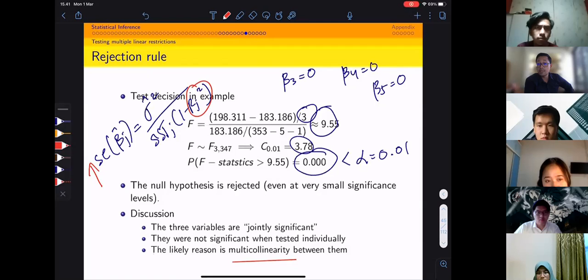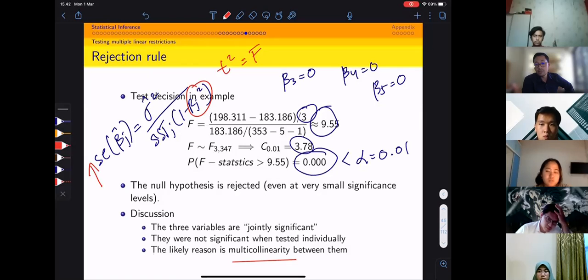If you just test one variable, the t-statistic squared is actually equal to the F. So in general, if you just test one variable, then you can just use t-statistics. You don't have to use the F-statistic. But just a fun fact: if you have one variable, t squared is equal to F.